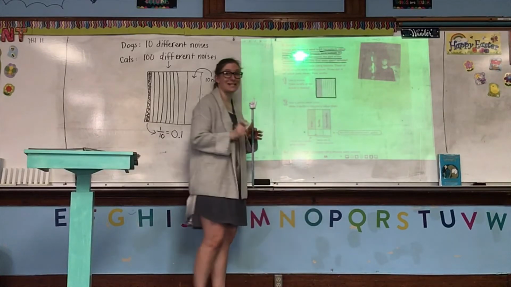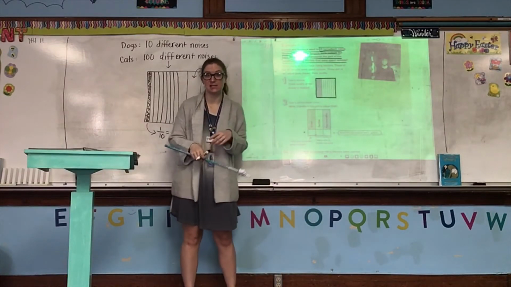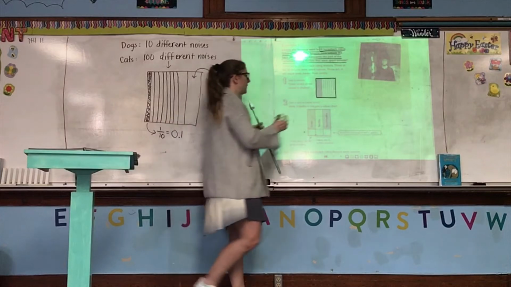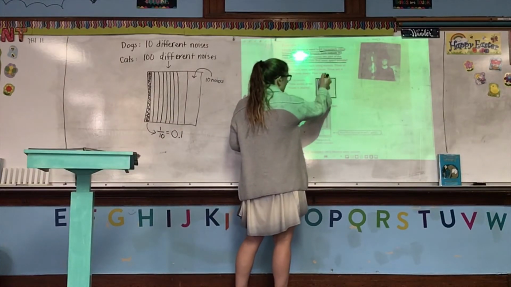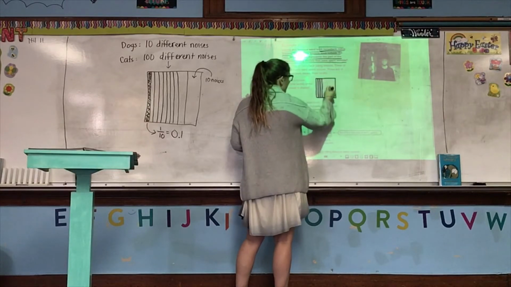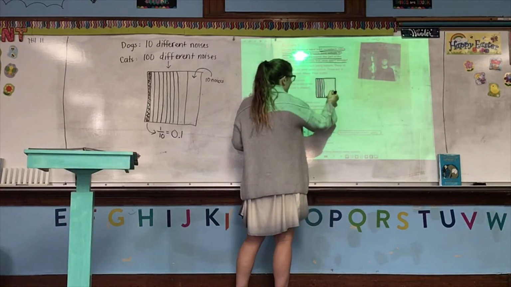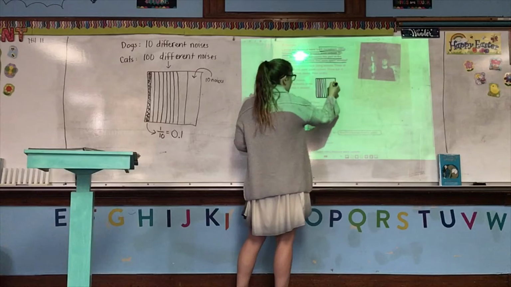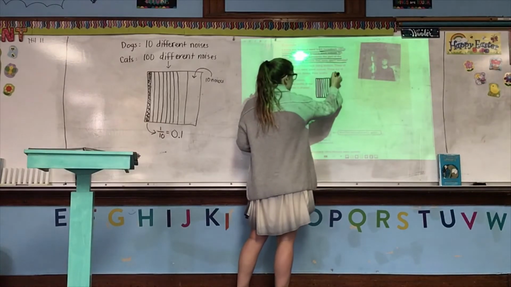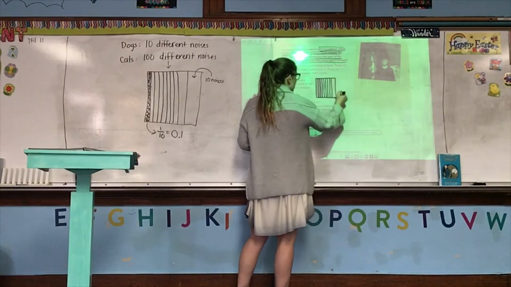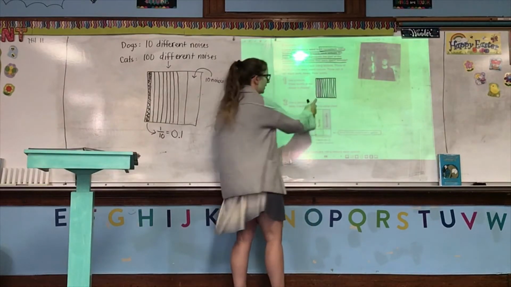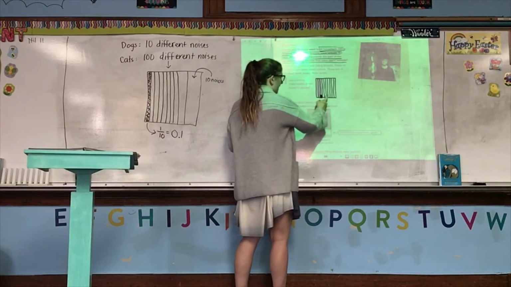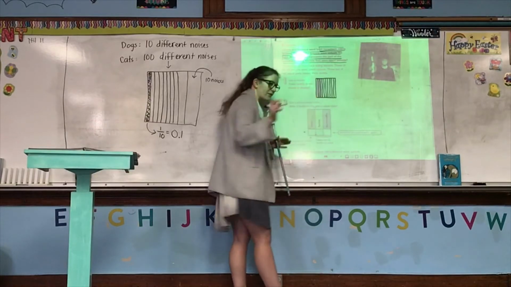And we're going to break it into 10 pieces because each of those pieces will represent one horseback riding lesson. 1, 2, 3, 4, 5, 6, 7, 8, 9, 10. And let's count again to make sure. 1, 2, 3, 4, 5, 6, 7, 8, 9, 10. I have the right amount.